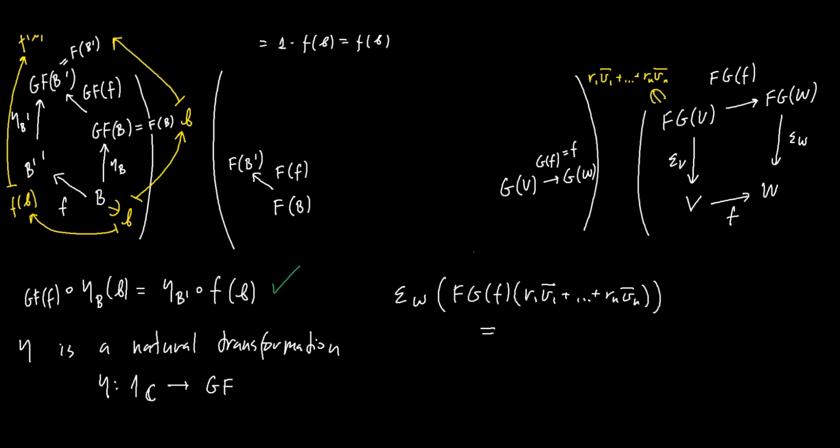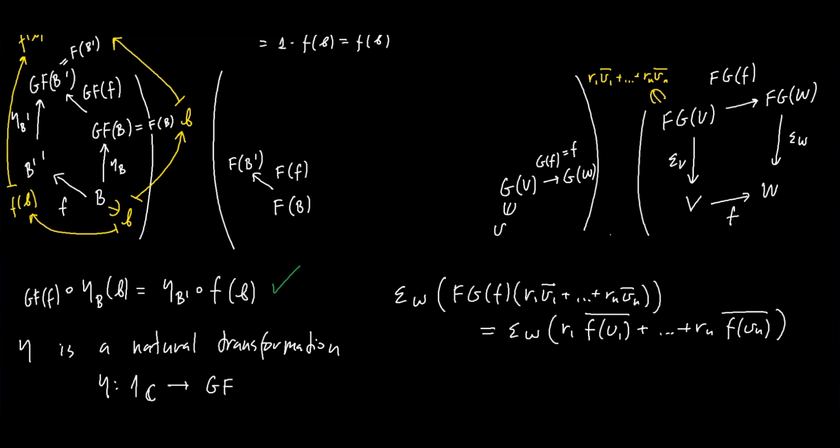So this will result in epsilon W applied to a formal combination of f of V1 bar, f of Vn bar. So why do I not have here f of V1 bar? Because in here, V1 is just an element of GV. It's not V bar that's element of GV, it's V1 that's element of GV.